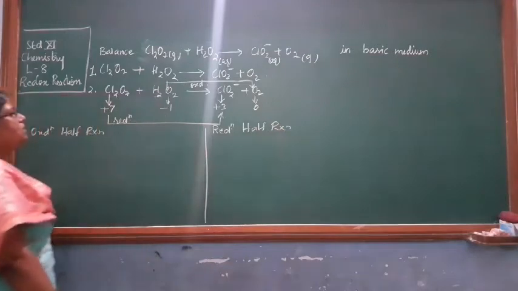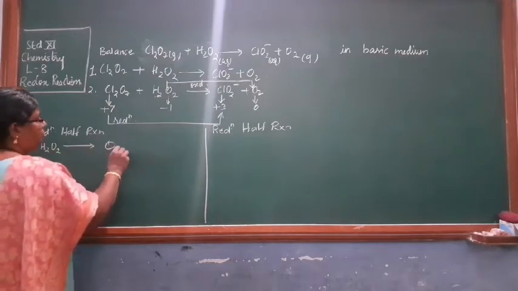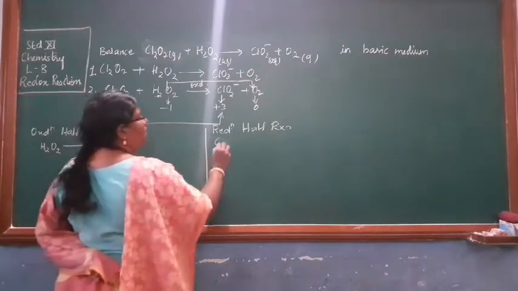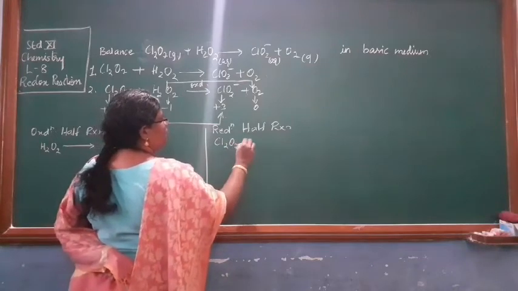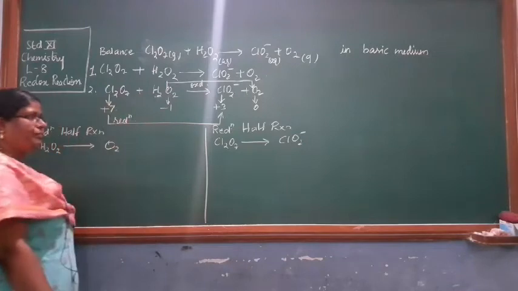Okay, so what is the oxidation half reaction? It is H2O2 going into O2 form. Reduction half reaction is Cl2O7 going to ClO2 minus form.